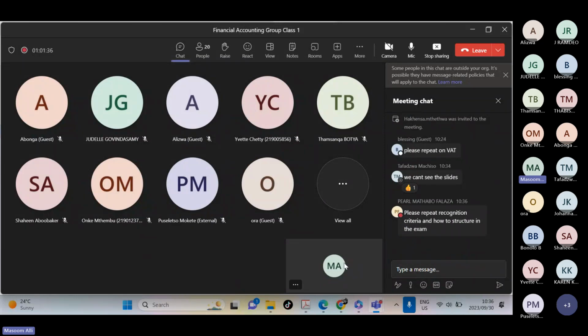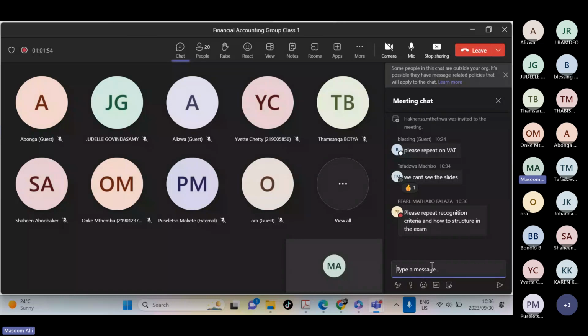Please repeat recognition criteria and how to structure it in the exam. Okay, so what I will do, I'll type notes in the chat here so that you guys can actually follow it through. You guys will see it in the recording as well. I did do this during the auditing class. So for those of you who were there in last week's one, that worked pretty well.